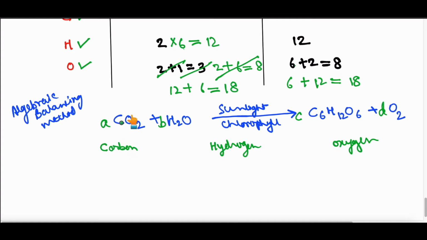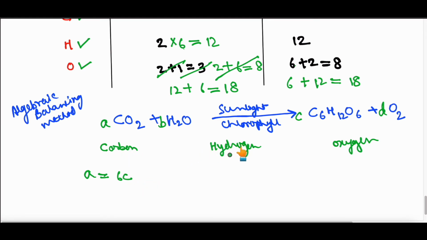For the carbon element we have 1 times A, that is A carbon atoms on the reactant side, equal to 6 times C, that is 6C on the product side. Here I have written this C, but don't get confused with the formula of carbon. This is the alphabet C and not the symbol of the element carbon.